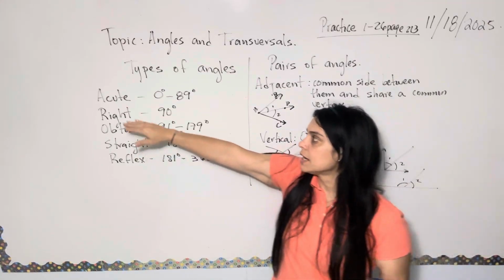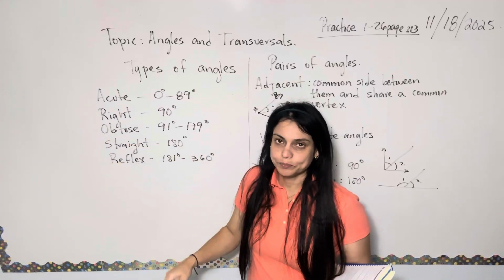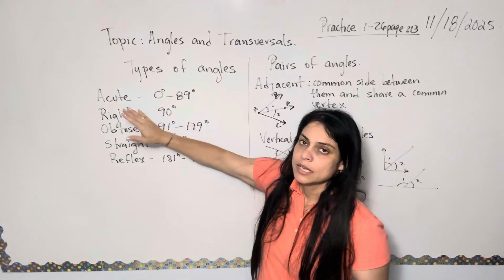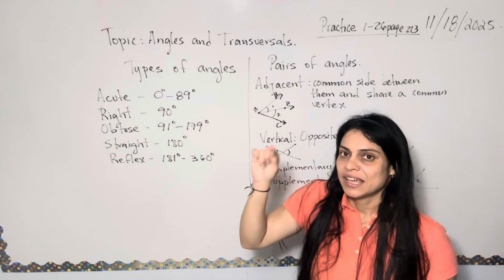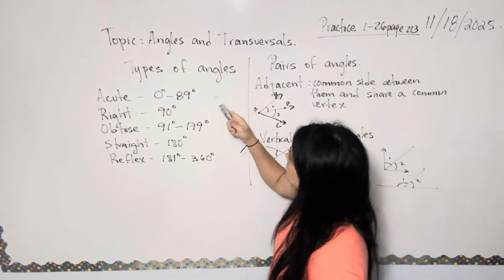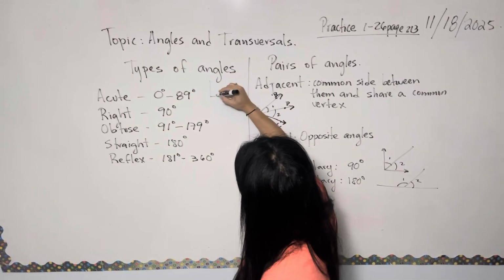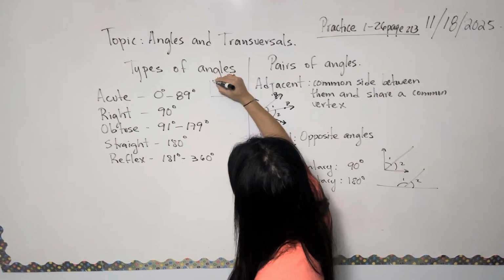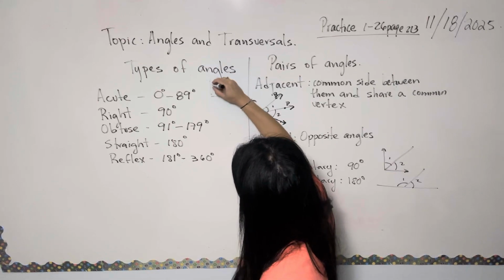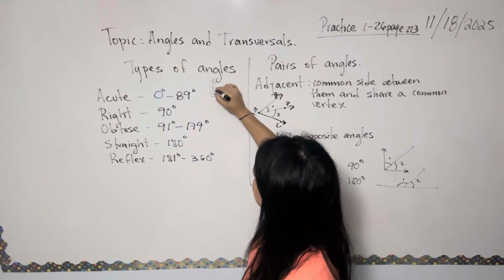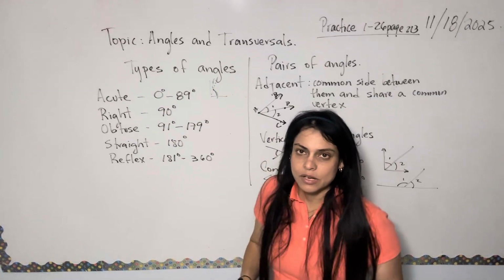So the first type we have is acute. Acute is an angle that measures between 0 and 89. So basically, this is 90 degrees, so it should be less than 90 degrees. Okay, so between 0 and 89 is going to be acute.